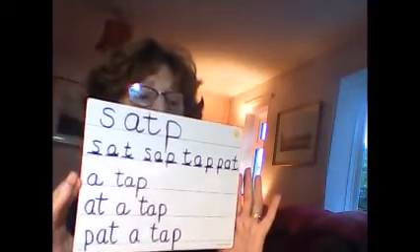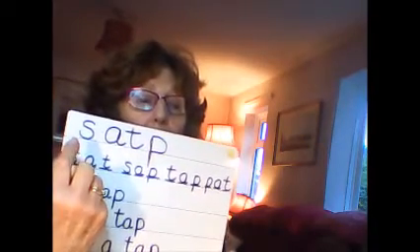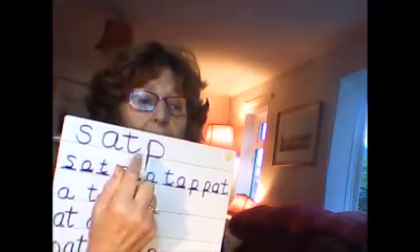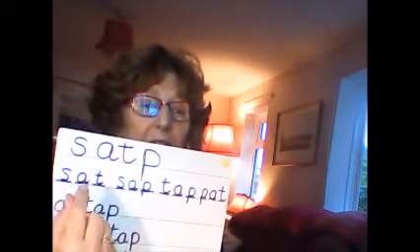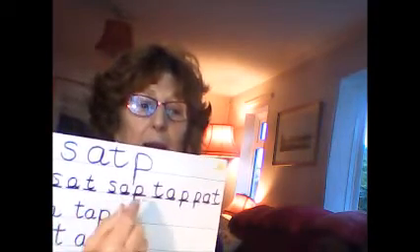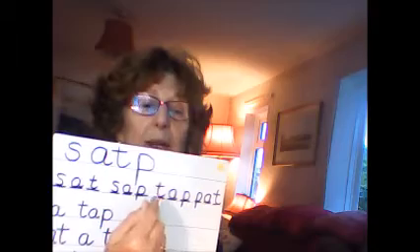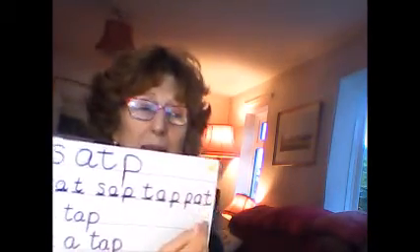Now, what we do is we read from the top, read what we've written. So from the top, the sounds are s, a, t, p. The words are sat, sap, tap, and at, pat.